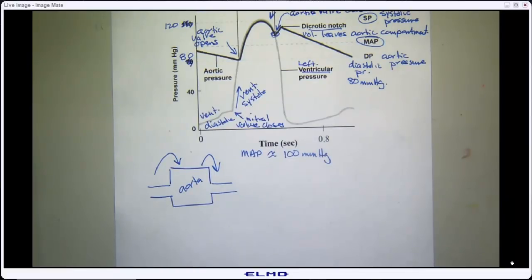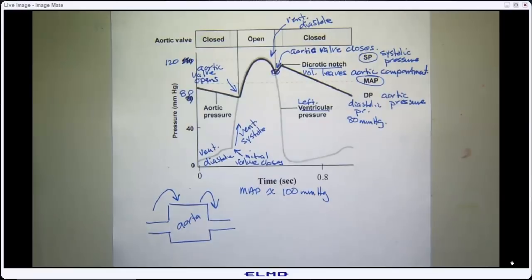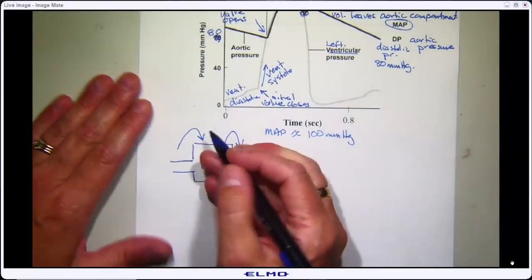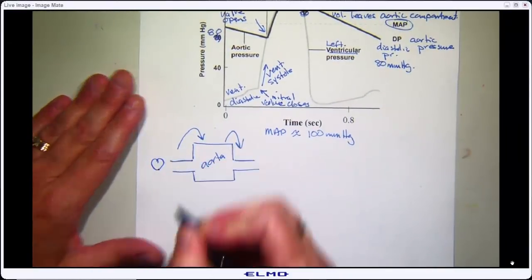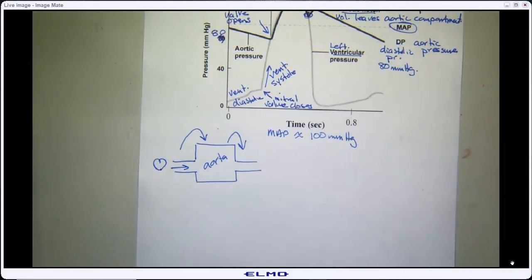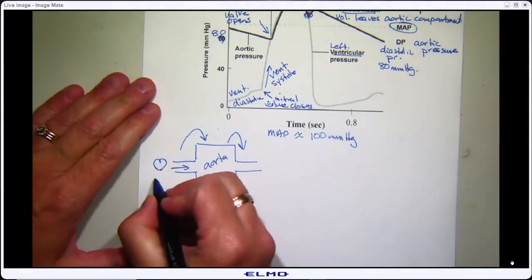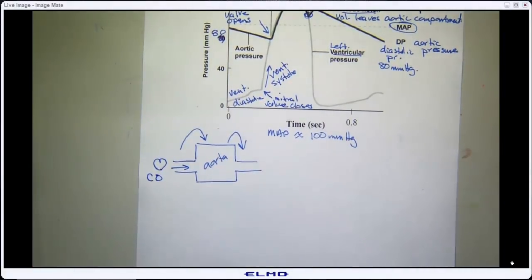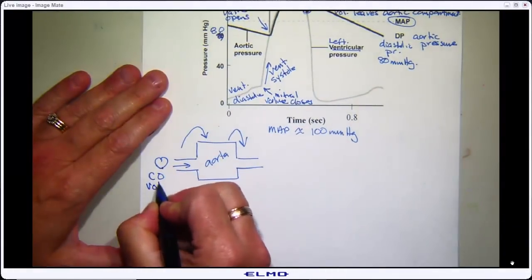So what is responsible for volume going into the aorta? Well, it's the heart, right? We've just showed how we filled it up with heart function. Essentially the heart, it was cardiac output. We've just been messing with all of the things that affect cardiac output.